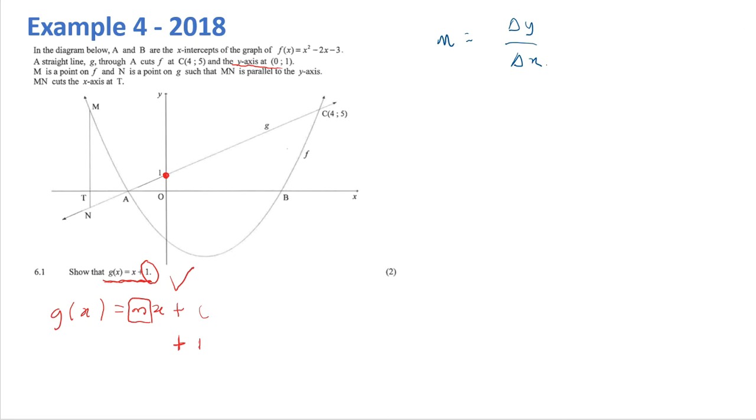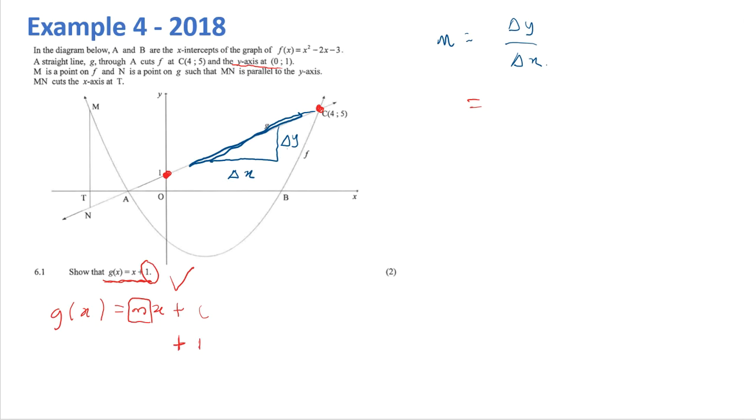If I draw that in, the slope of this line is equal to the change on the y-axis divided by the change on the x-axis, right? Now we're lucky. We're given 2 points. We're given this point C, and we're given this point 0, 1. So we're already given the values. All we need to do is plug them in.